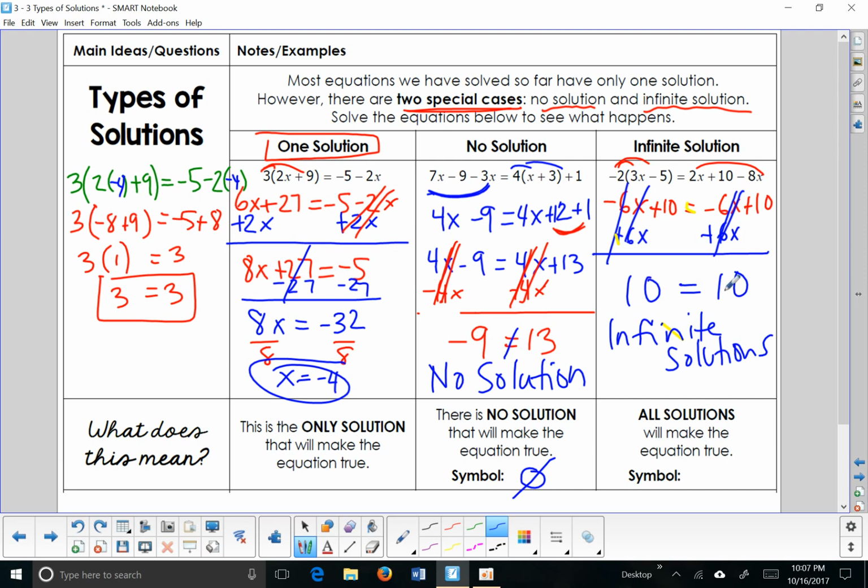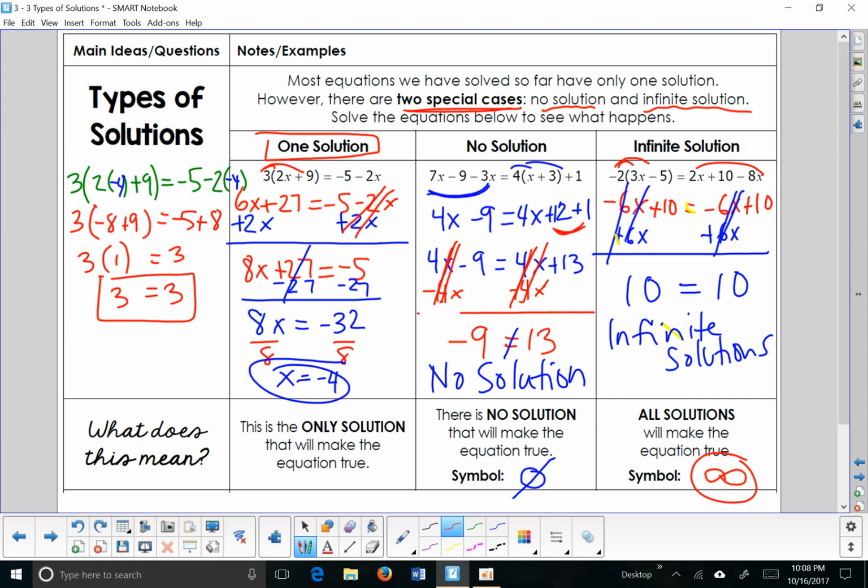You can't just leave this statement here and expect the reader to interpret it. You have to interpret that if the left side is actually indeed equal to the right side, that you have a case of infinite solutions. And if you're feeling fancy, you can use the mathematical symbol for infinite. Infinity here is kind of like a sideways 8. That is the symbol for infinite solutions.